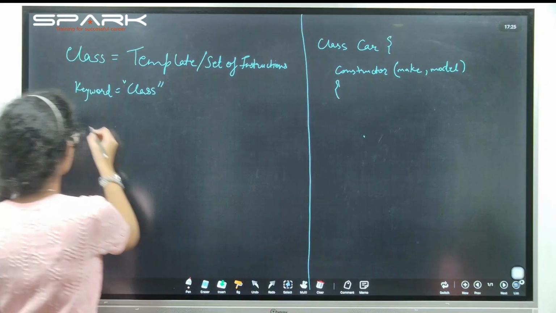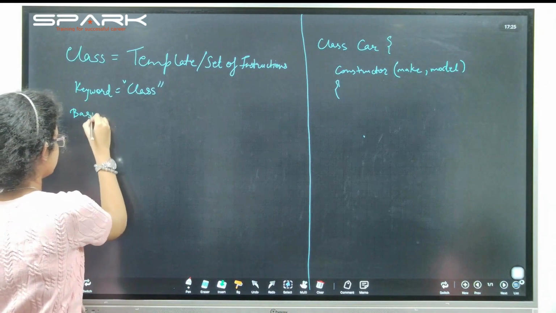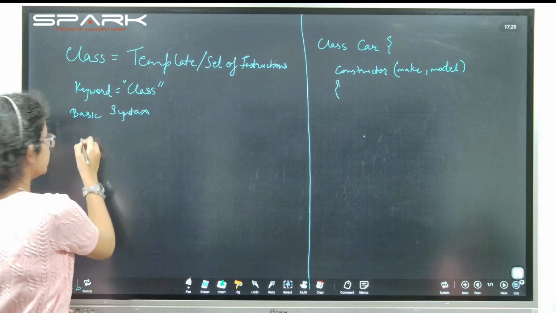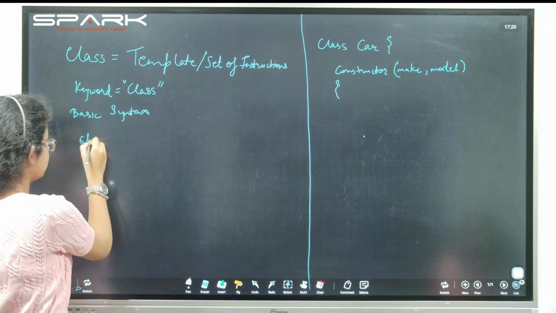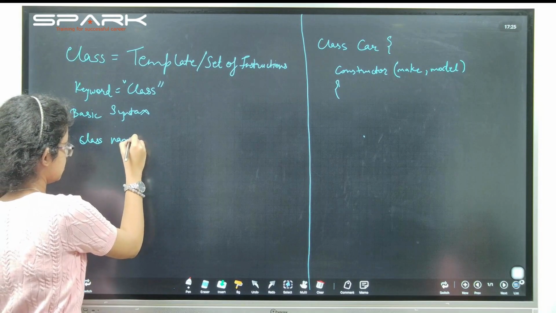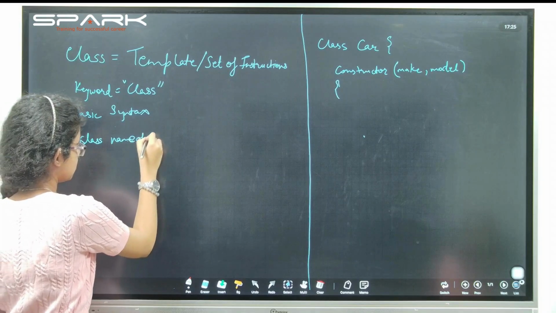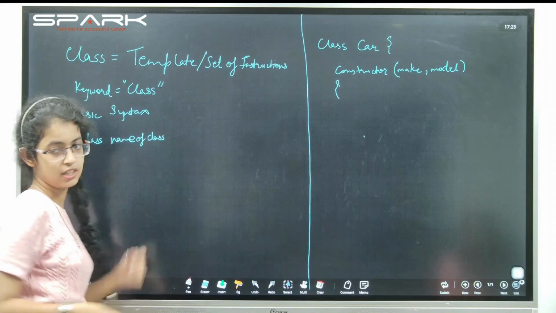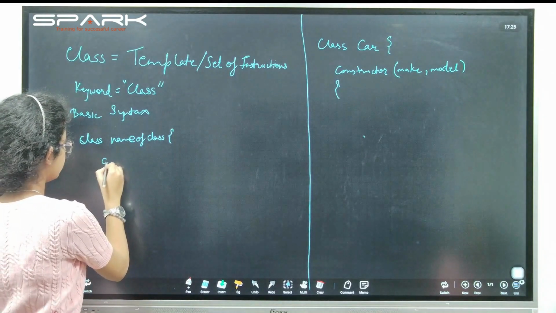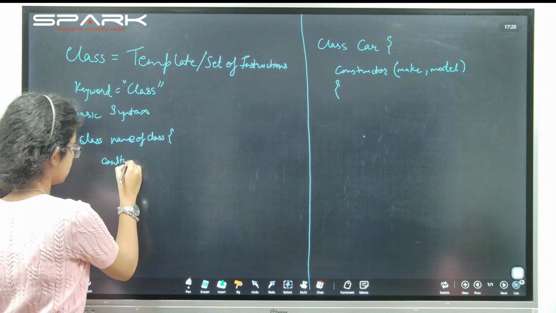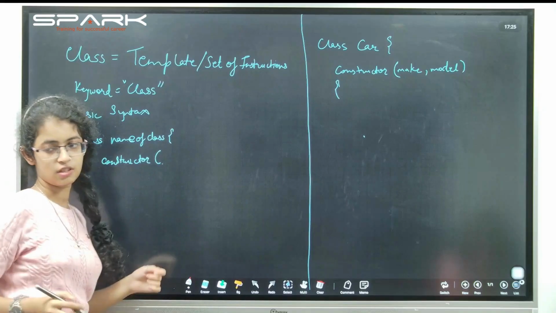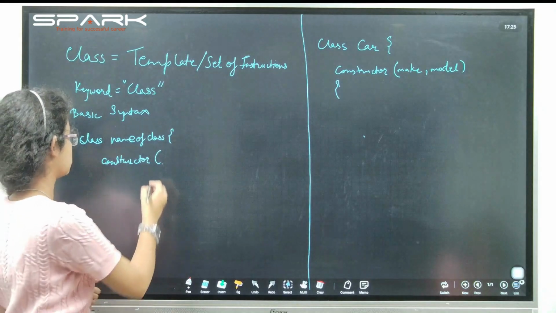Before I move forward, I'd like to explain the basic syntax of how a class works. We define a class using the class keyword, and then we define the name of the class, like I defined the name of the class over there as Car. Then inside that we define the constructor, along with the input parameters too.